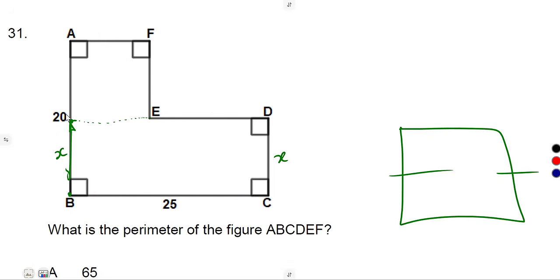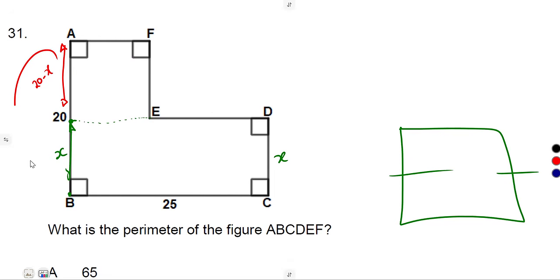So if the whole of the line here is 20 centimeters, or 20 units according to what we are given, it means we can find this remaining part from the 20. It will be 20 minus X. We subtract this.